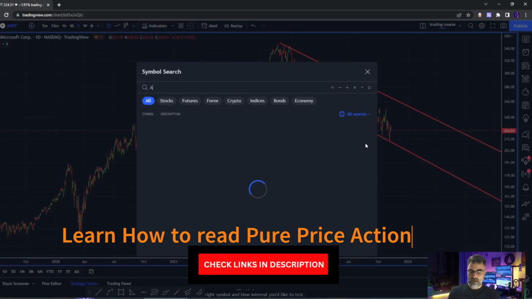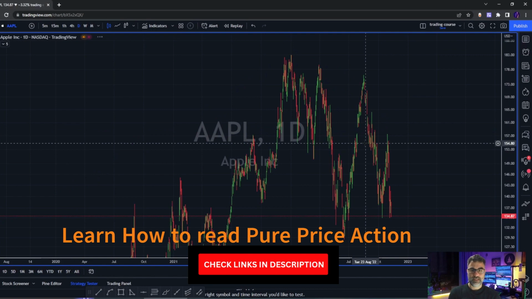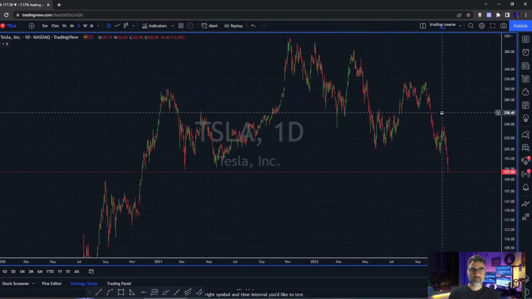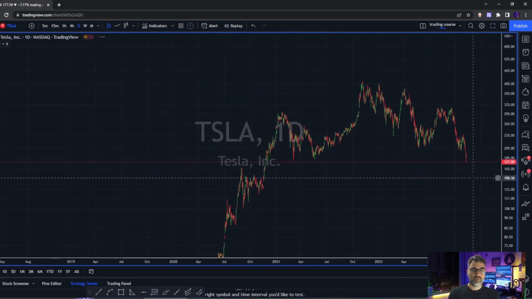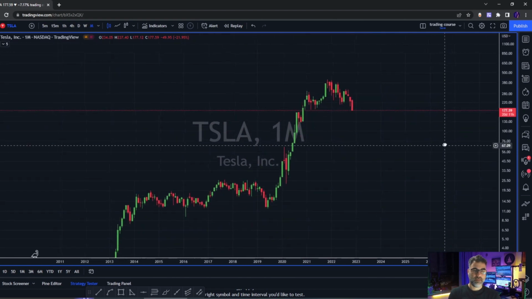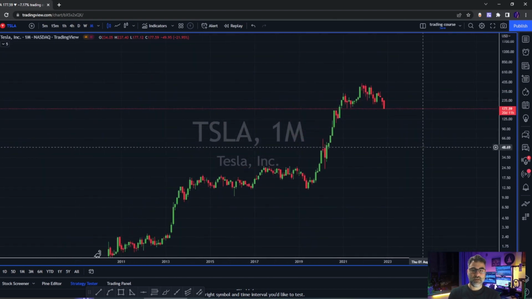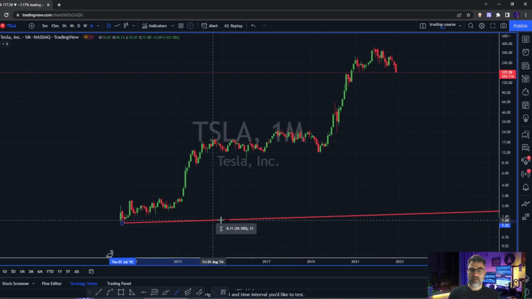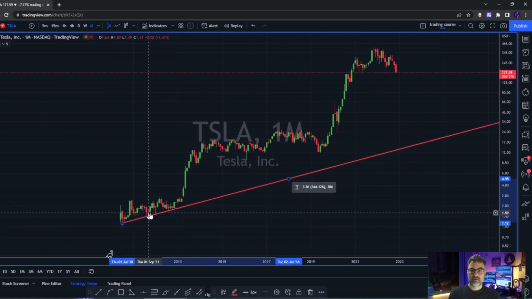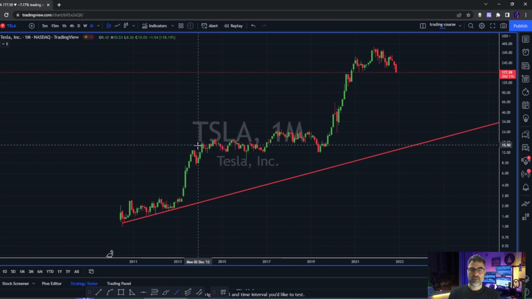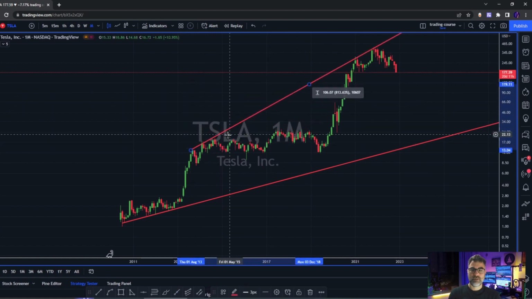So Apple or Tesla. If we take Tesla on the monthly, we can see Tesla has a trend line that starts from here to here, and then also has a trend line from here to here.